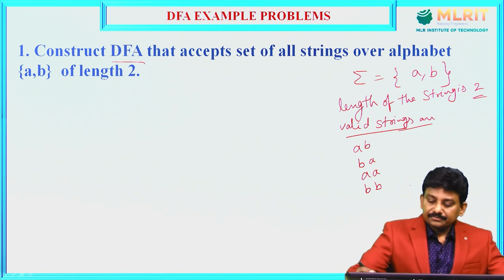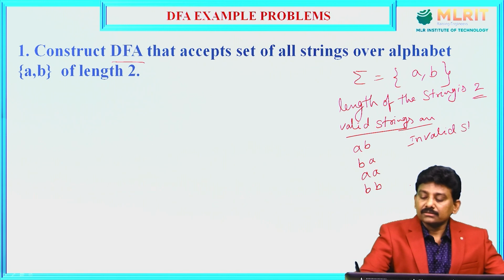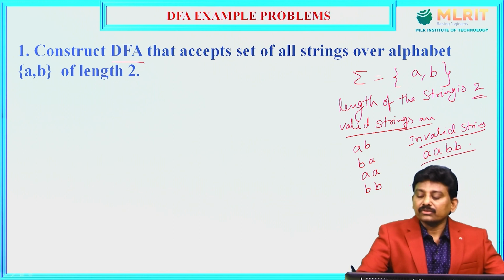For that, we need to understand what the invalid strings are. Invalid strings are, for example, ABAB, because the length is 4, invalid.